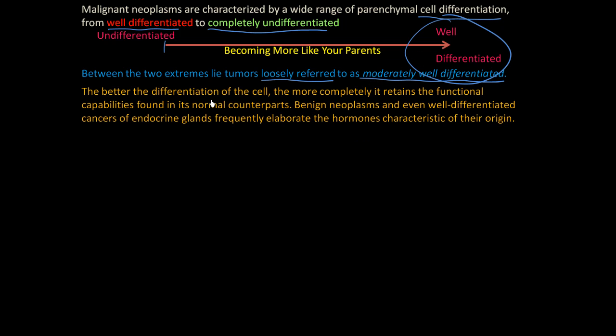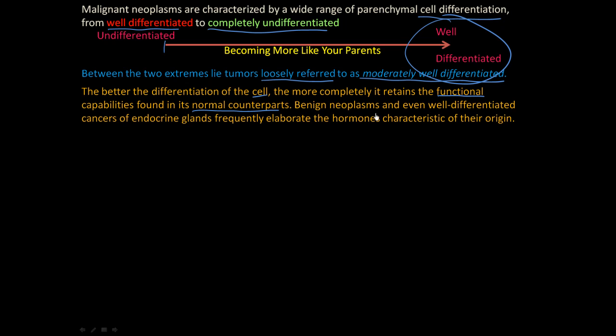The better the differentiation of the cell, the more completely it retains the function of the normal counterparts. That's a key component, because if a cell is well differentiated, or it looks a lot like and acts a lot like the cell from whence it came, then the function remains the same.